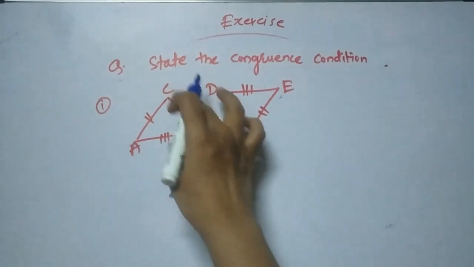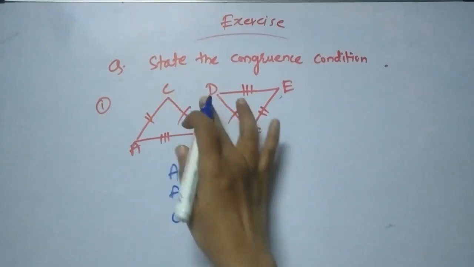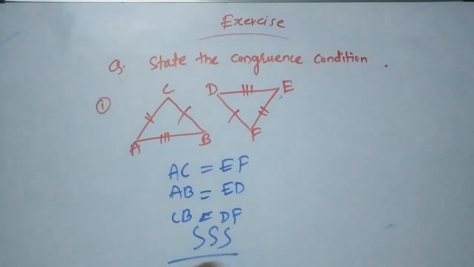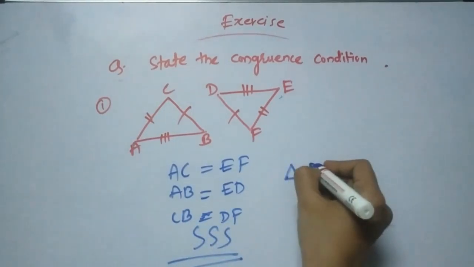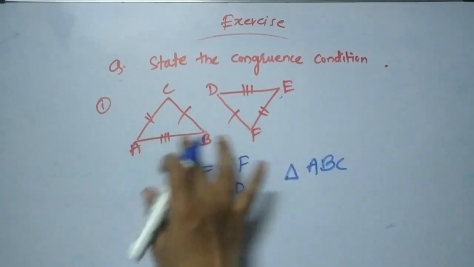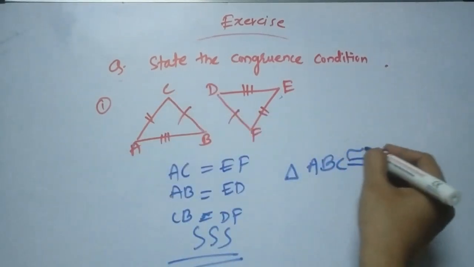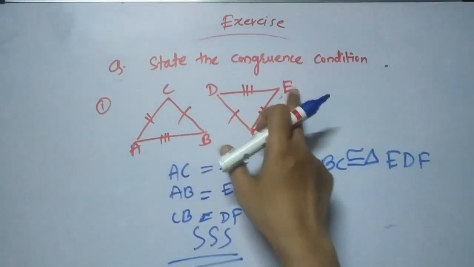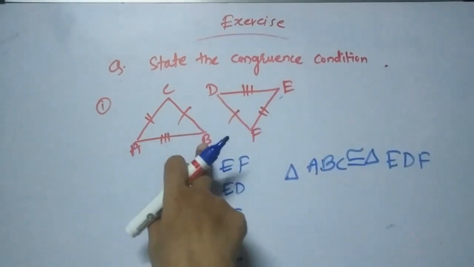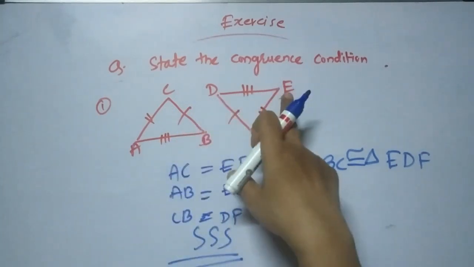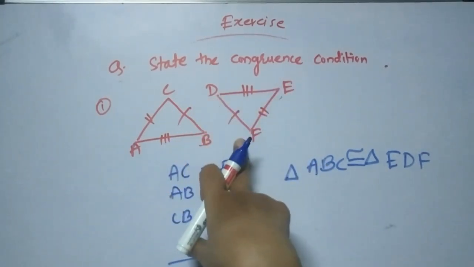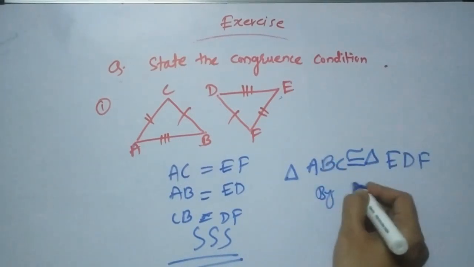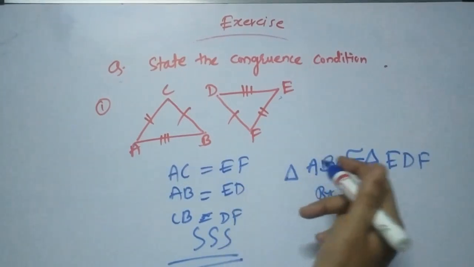Then we have this side CB, which is equal to the side DF. So by SSS criteria, I can say that triangle ABC is congruent with the triangle EDF. I am reading it ABC, so I have to read it EDF. So this is the congruence condition by SSS. You can say these two triangles are congruent.